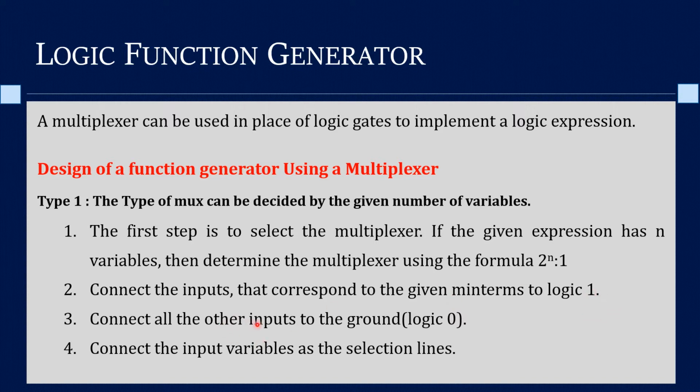Connect all the other inputs to logic 0, that is, to the ground. Also connect the input variables as the selection lines. So the output is either logic 1 or logic 0 based on the presence of the minterms in the given expression, and the selection lines are connected to the input variables. That is the procedure for designing a logic function generator using a multiplexer.